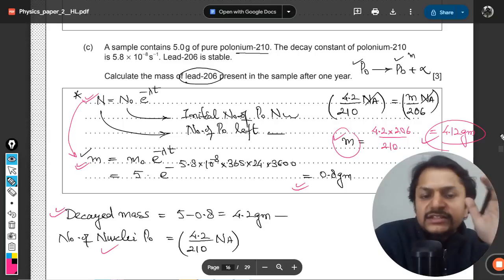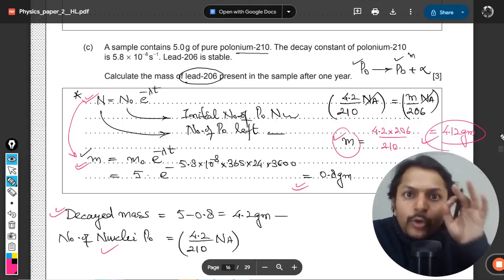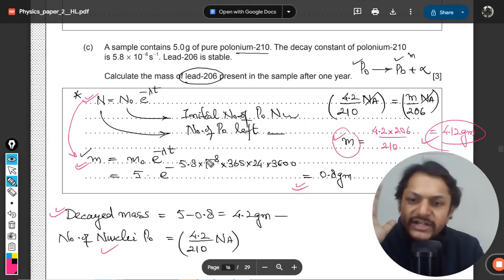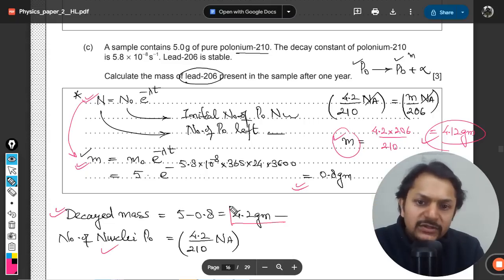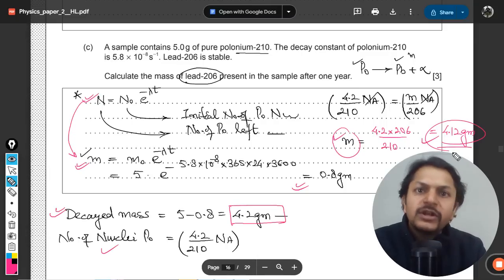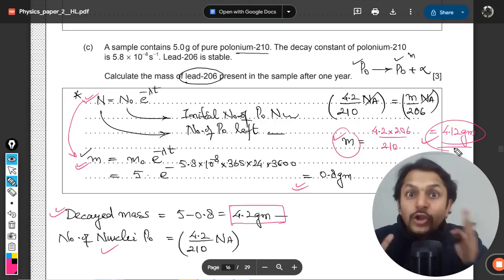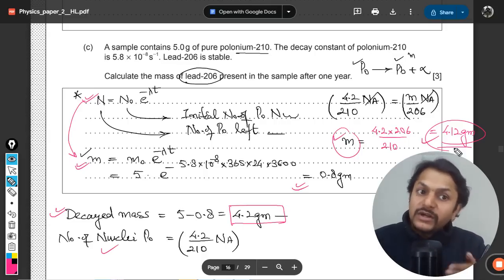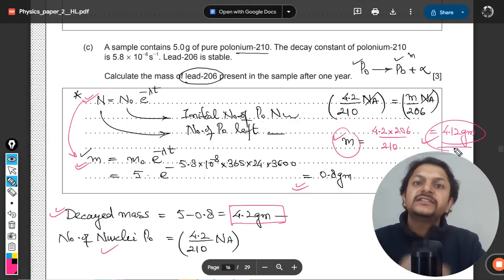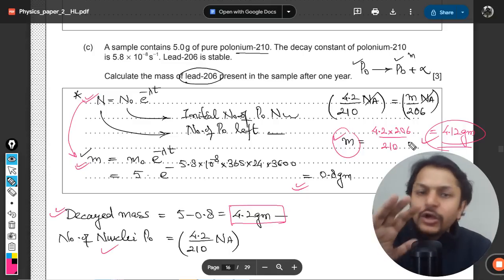So this is it. This is how we do this question. Now, the point to be taken is to try to understand that the mass which is decayed is 4.2 grams and it is giving rise to 4.12 gram. Clearly, there is a loss of mass. Why is there a loss of mass?